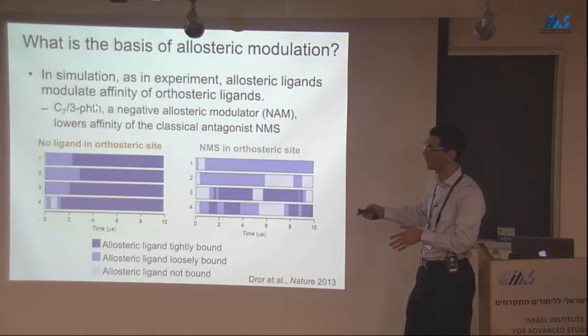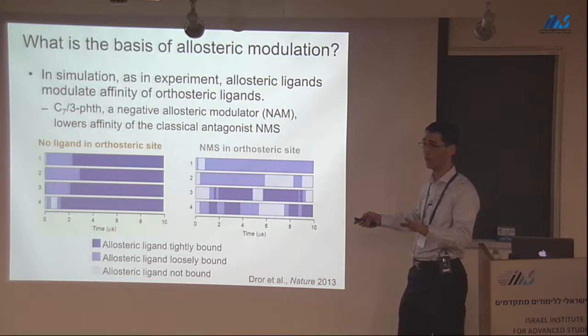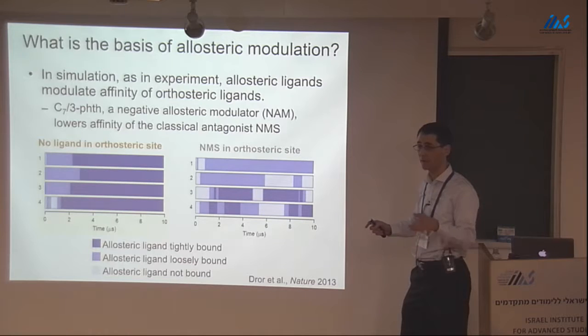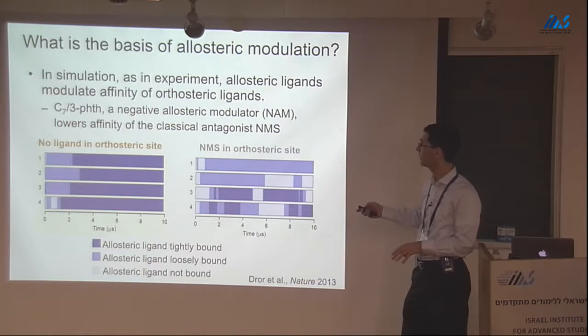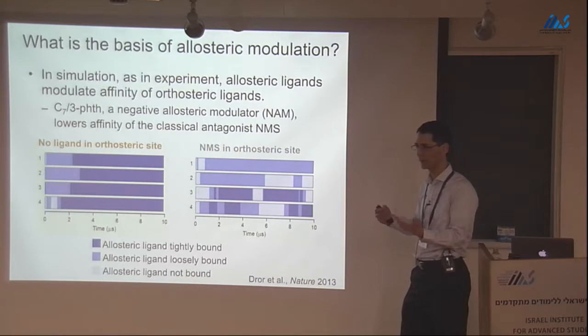C7, the modulator I showed binding before, is what's called a negative allosteric modulator. That is, the presence of C7 decreases the affinity of the classical antagonist NMS. I'm going to focus on cooperativity with this particular ligand, which is probably the most widely used ligand in experiments on muscarinic acetylcholine receptors.